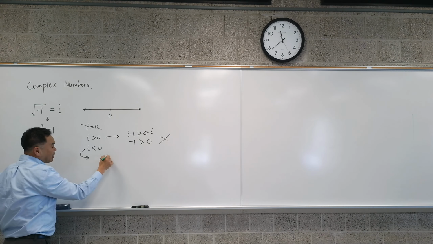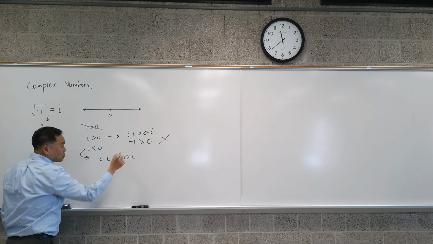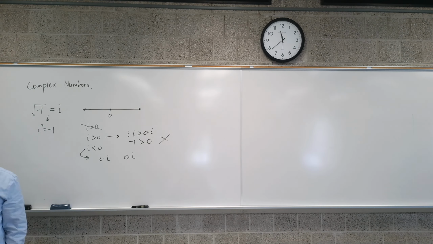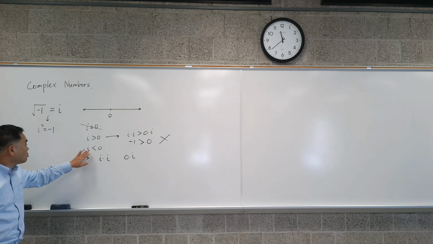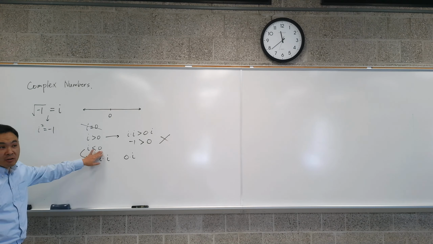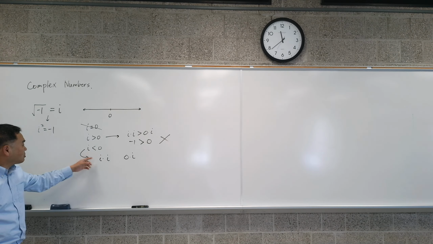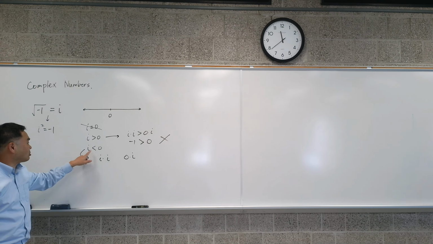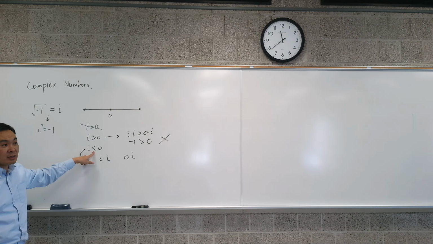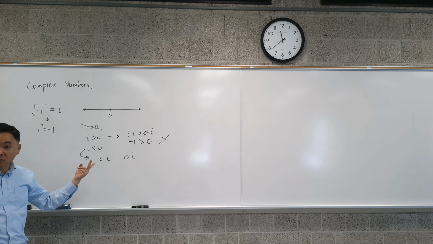We can multiply by i on both sides. But here we have to be a little more careful because we're assuming that i is a negative number. When you multiply both sides by a negative number, what do you have to do for the inequality? You have to flip the inequality.